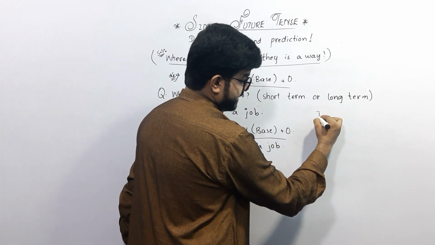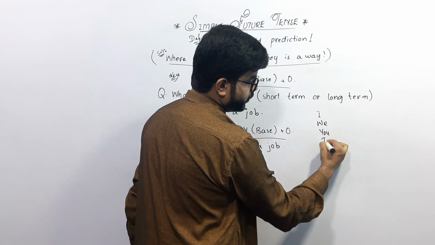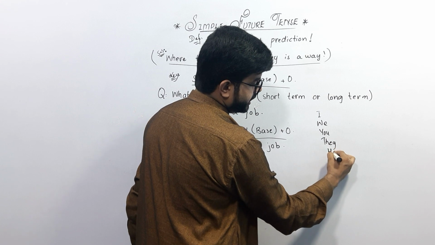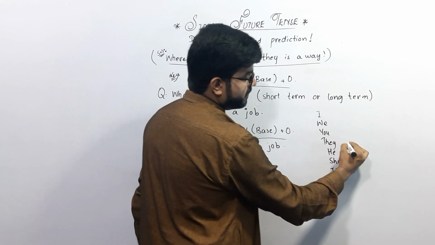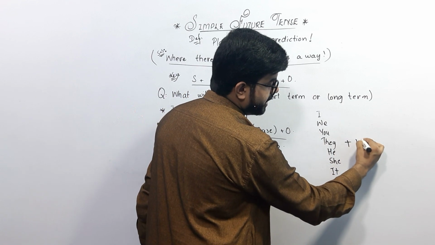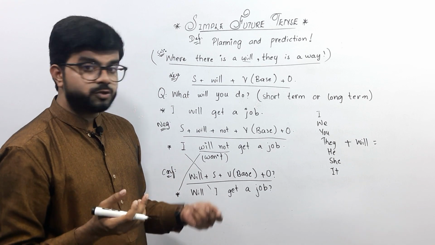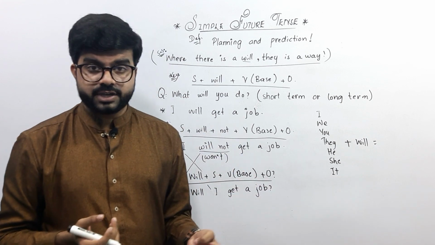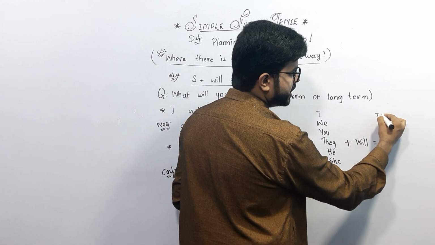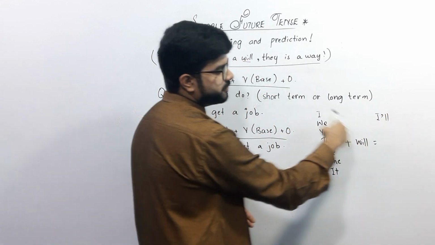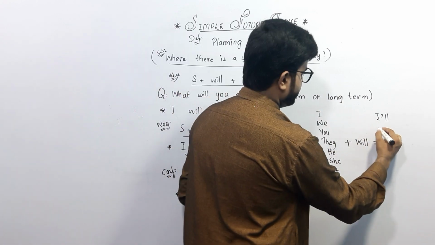Right? So let me tell you about the contractions we use. Over here, we have 7 pronouns: I, we, you, they, he, she, and it. So whenever we add will after them, it's just as per your choice. If you want to use contractions, you can, right? So I'm gonna share how we use them as contractions. We simply add an apostrophe and 2 L's after the pronoun.